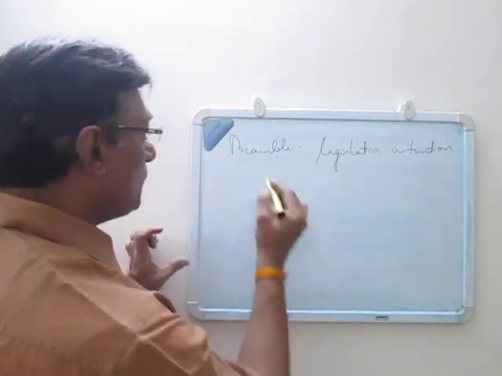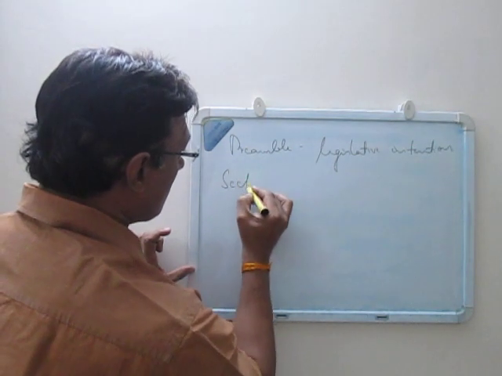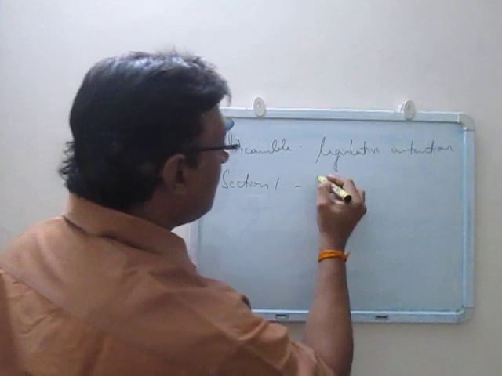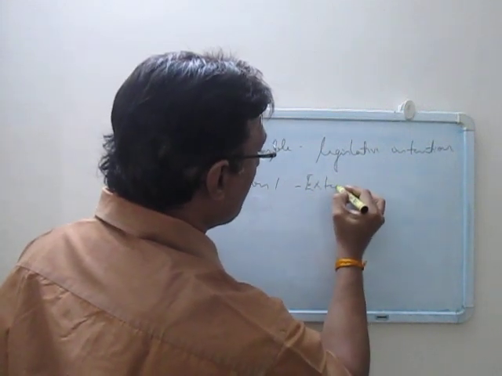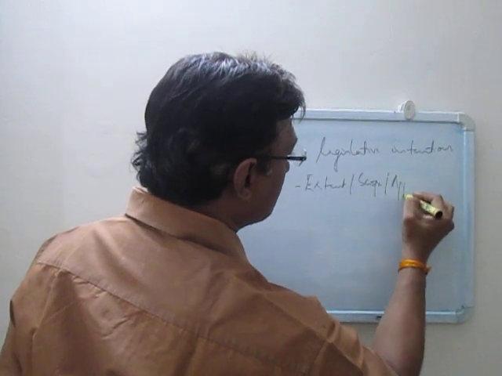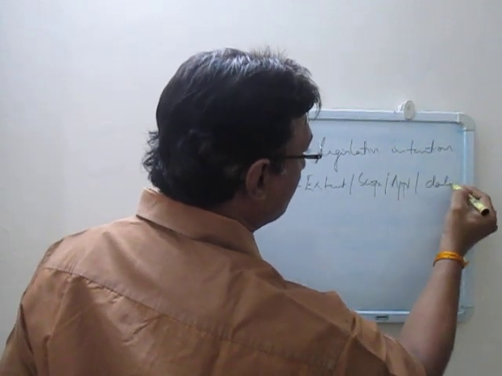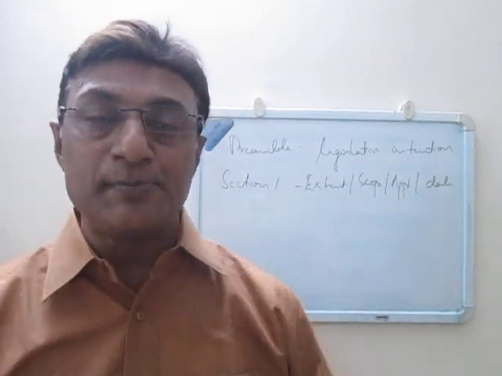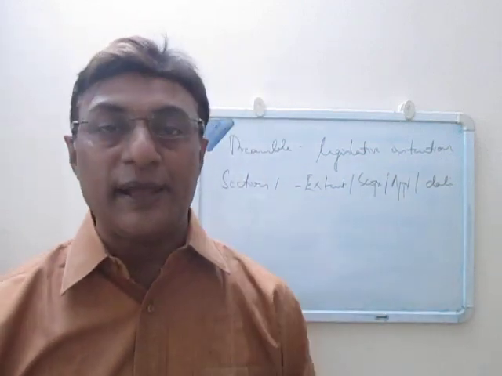Then comes Section 1. Section 1 lays down the extent, scope, applicability, and the effective date of the act coming into force. To whom does it apply? To whom does it not apply?